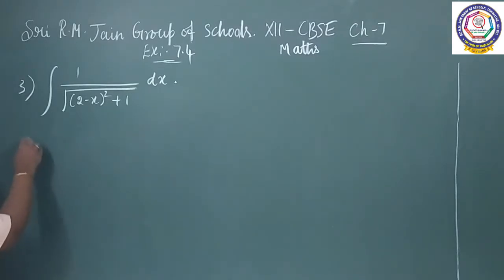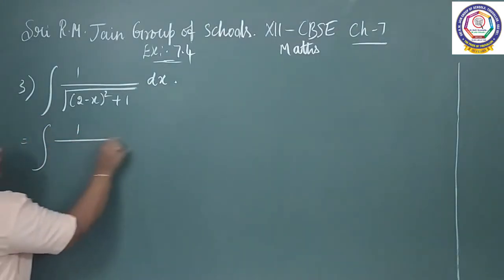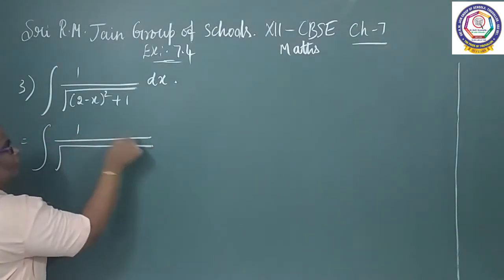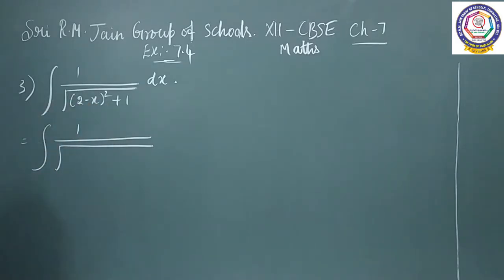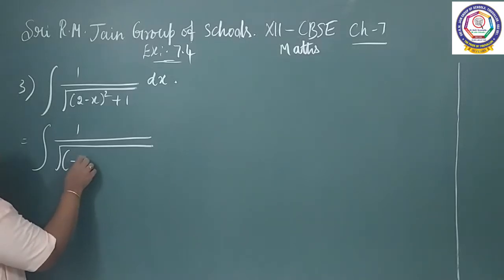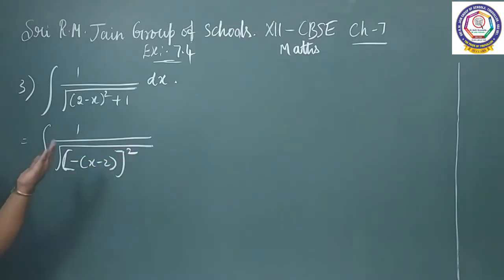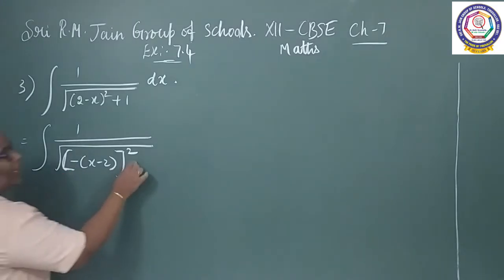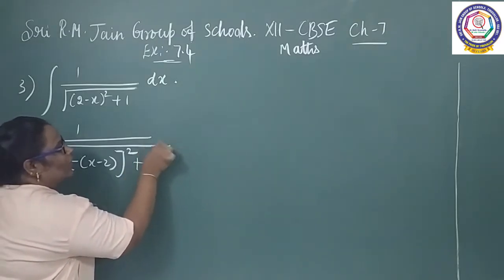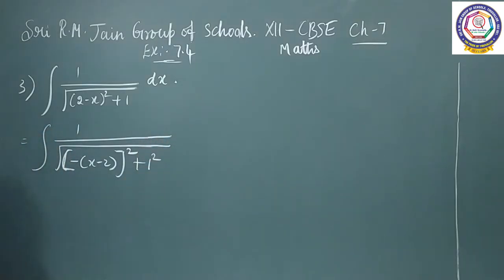Third sum, integral 1 by root of ... It is in a square, so you can change the value also. Here, take minus commonly out: minus of (x minus 2) the whole square plus 1 square.